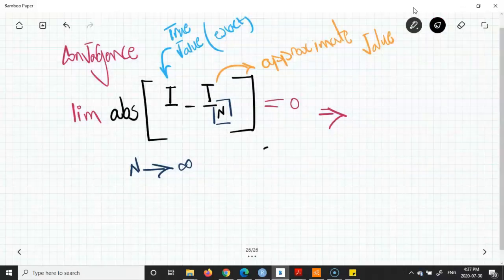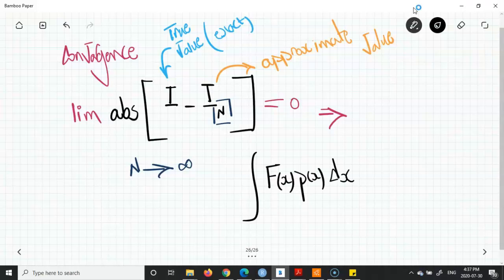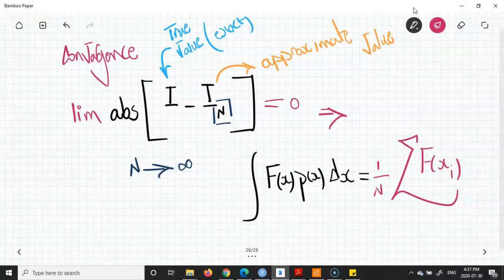Let me write a bare shape of the integral. The integral of the function times the probability distribution attached to the function, with respect to the variations of f of x, can be equal to the summation of 1 over n of the sigma of f of xi, where the xi are random variables from the population, from the distribution p.